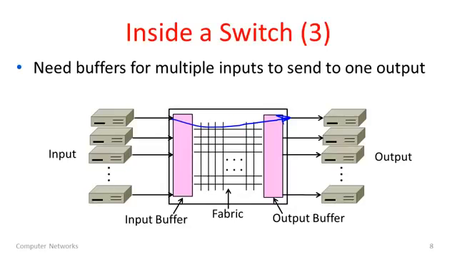Well, what happens if all of the other hosts are also sending there? It's just a very popular destination. So we're all sending through the switch fabric to this one output. This can't happen at the same time if the lines are the same speed. Only one frame could be going in or out of a given port, maybe in and out if we can use it bidirectionally at the same time.